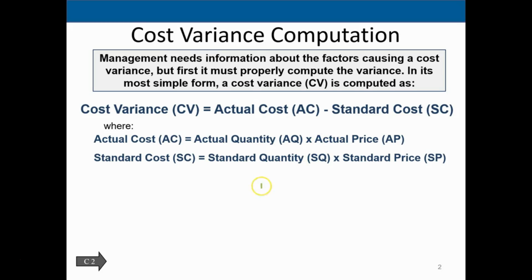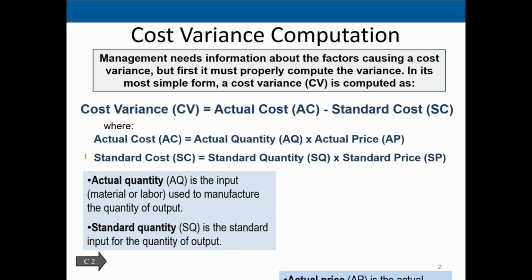And then we have the standard cost being calculated as the standard quantity, the amount we budgeted to use per unit that we're going to make, times the standard price of materials, in this case, if we're talking about the materials that it took to use them. So there's going to be two components within each one.